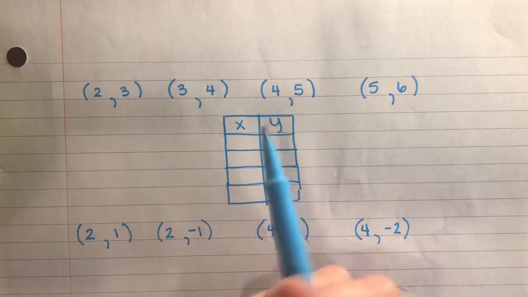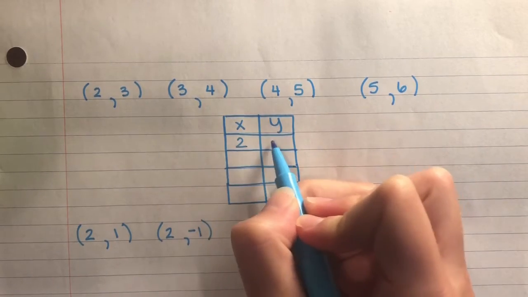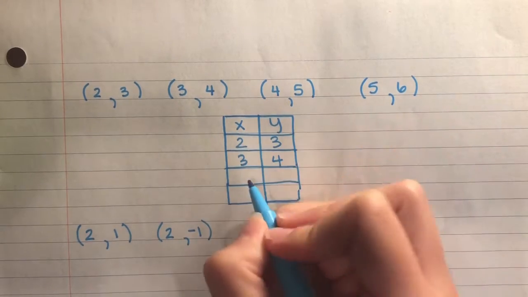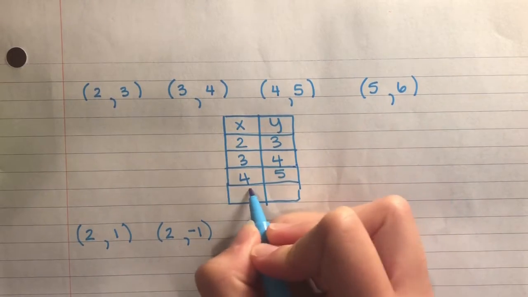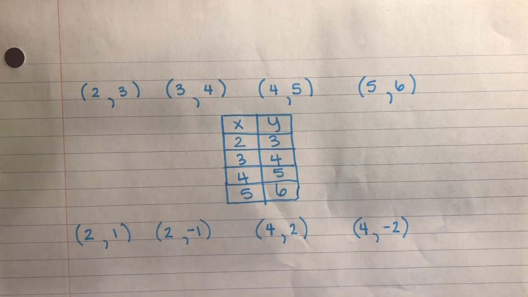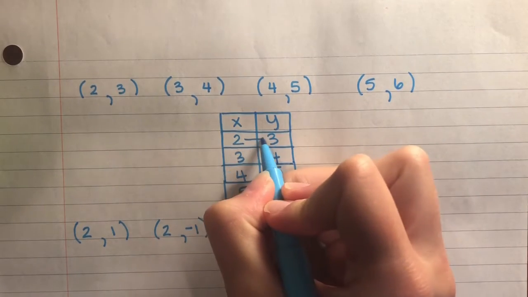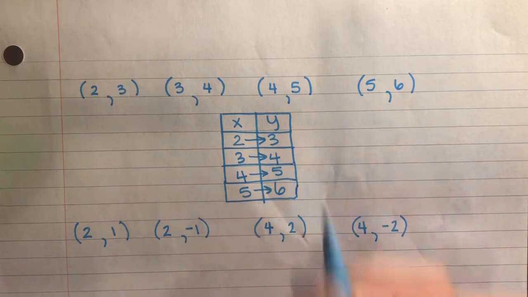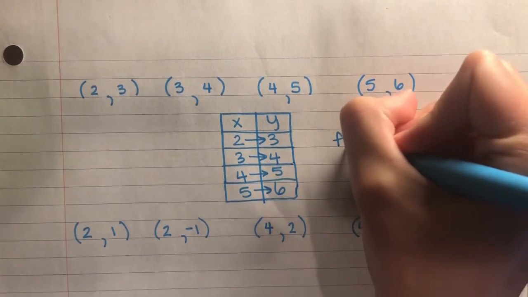So we have 2, 3, so x is 2, y is 3. We have 3, 4, we have 4, 5, and we have 5, 6. Now you don't have to make a table, but if that kind of helps you visually organize your information, then it may work for you. And notice here that for each input, there is exactly one output. So this is a function.